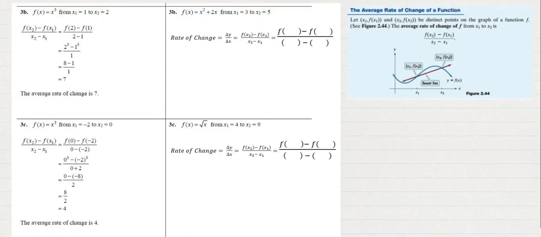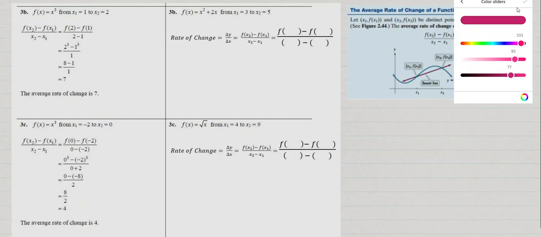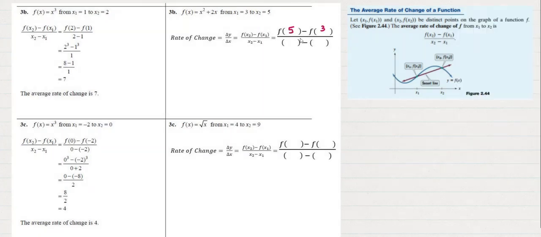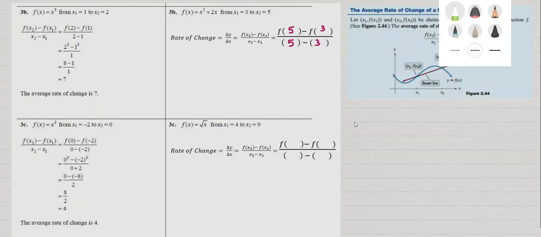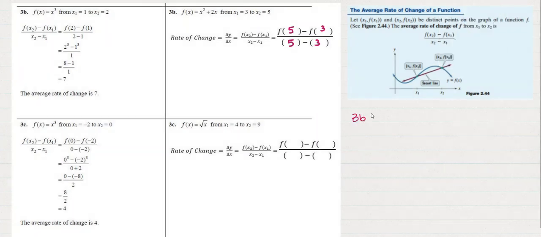So in this example 3b, we have the average rate of change is going to be f of 5 minus f of 3 divided by 5 minus 3. So what is f of 5 in this example? In this example, f of 5 is going to be 5 squared plus 2 times 5.